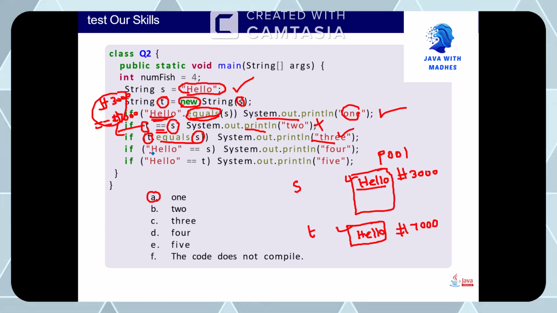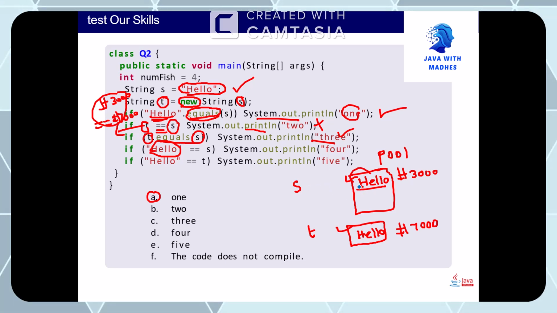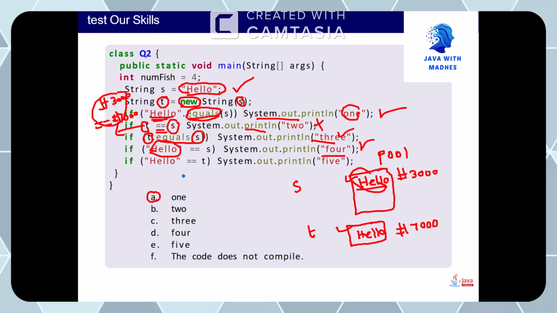Then hello == s. Yes, this hello is a string literal and this s is also in the string pool, right? So both are equal, so 4 also will get printed. And this is the string literal hello and this t is a reference because it is created using the new operator.